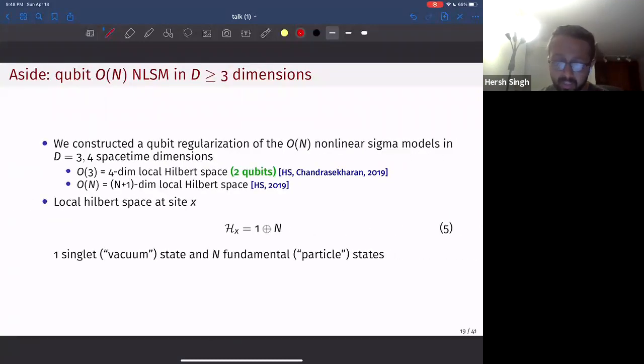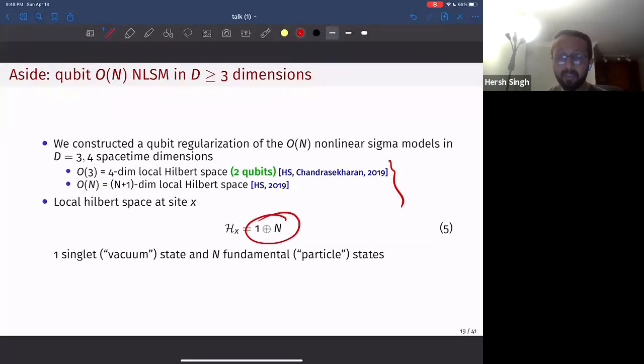And so this is what I did in a couple of papers, one of them with my advisor, where we constructed basically the O(N) model with an N+1 dimensional Hilbert space at each lattice site.